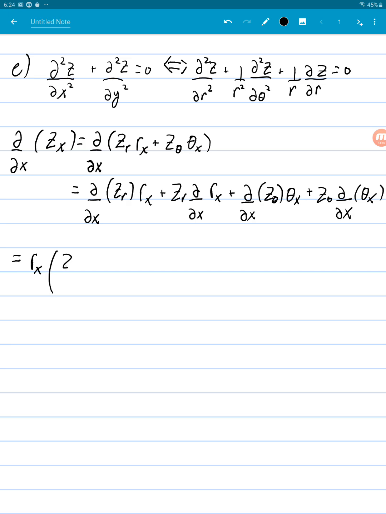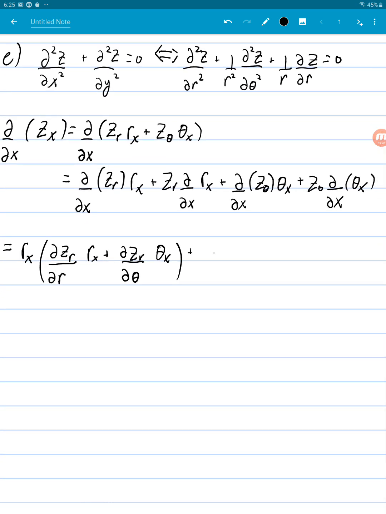So we have rx, our first will be the partial derivative of zr with respect to r. So that's going to be our second derivative with respect to r times rx plus the partial derivative of zr with respect to theta times the derivative of theta with respect to x.